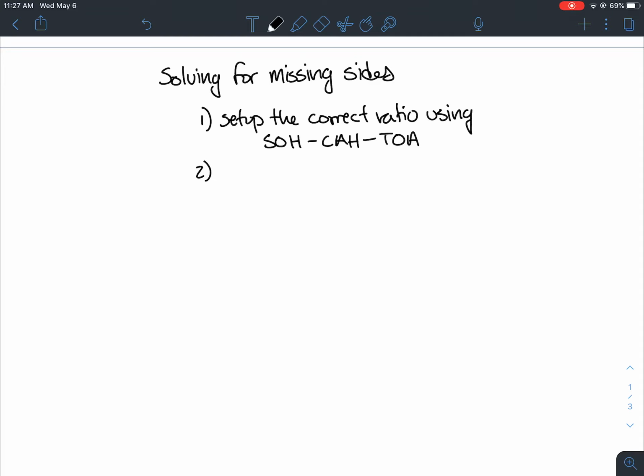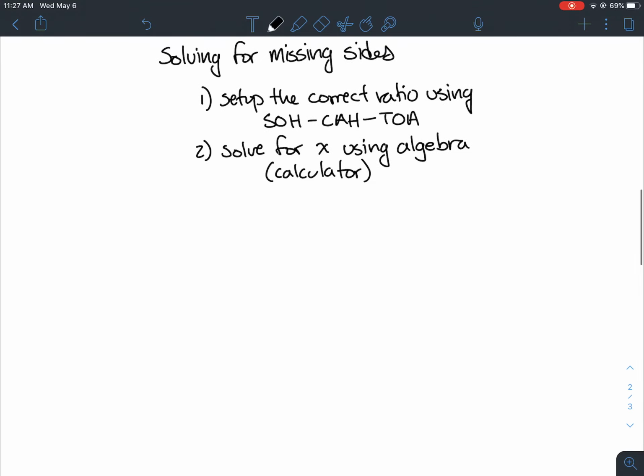And then we need to solve for x using algebra. And we will need a calculator. And usually your iPhone or anything like that, a scientific one, will have that on that. So let's get to that.